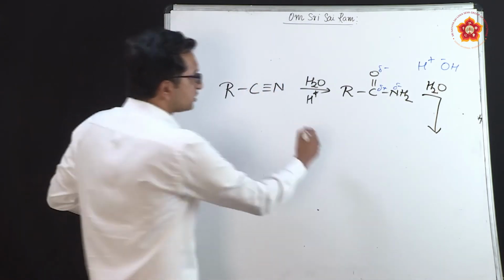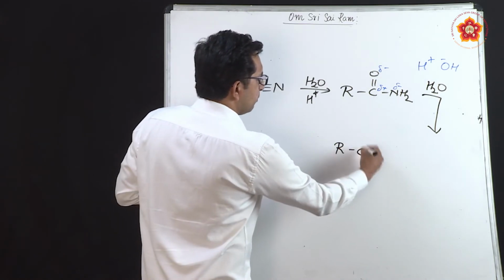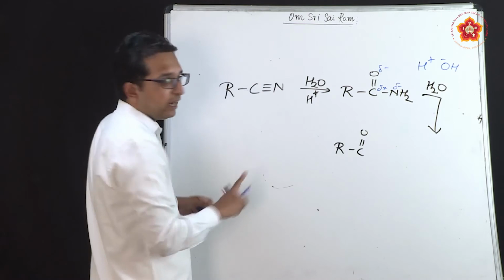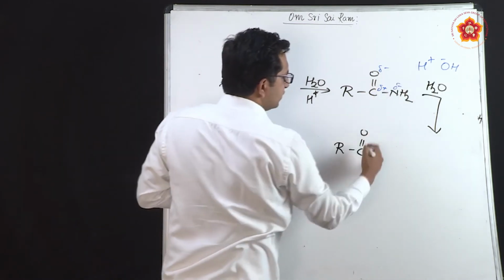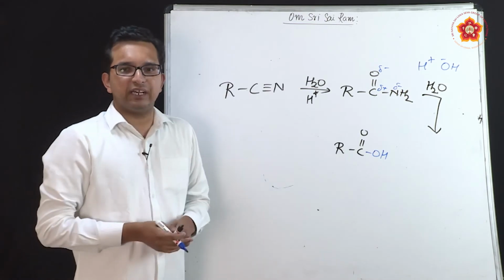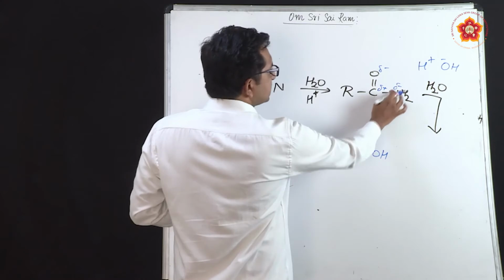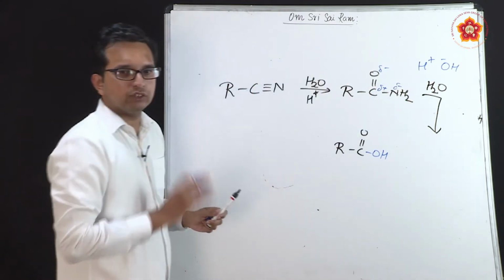So what are the products now then? If I have to consider these parts, RCO of the amide goes and attaches to OH of the water which is present, and that is how you get the carboxylic acid. What happens to the other side now? The NH2 has a partial negative charge.